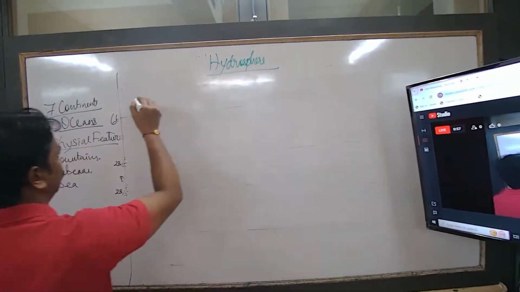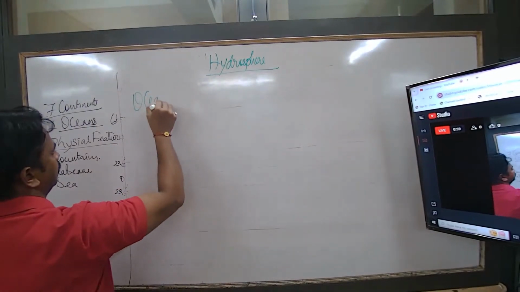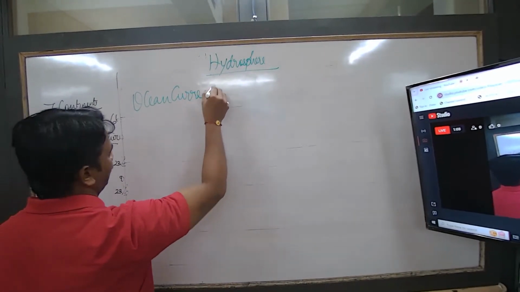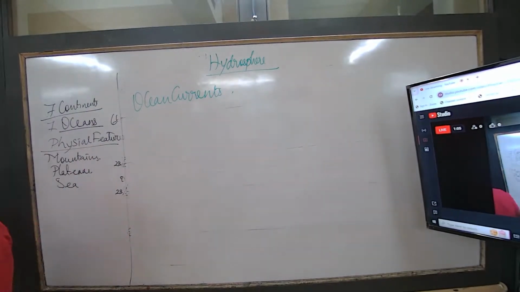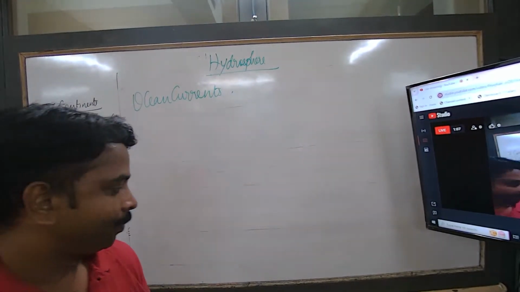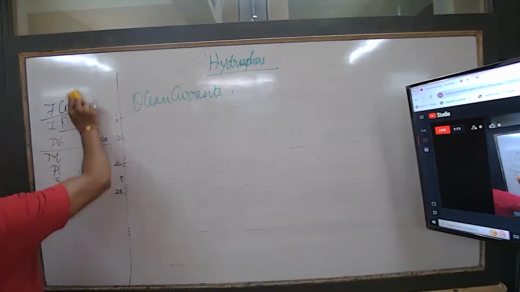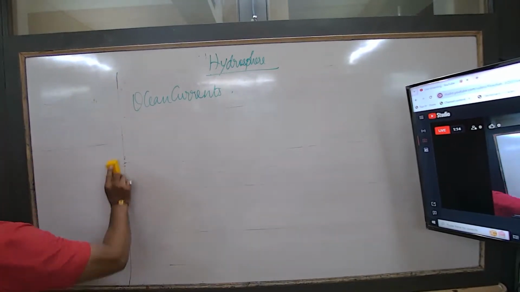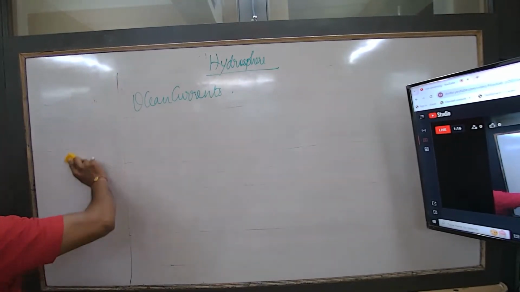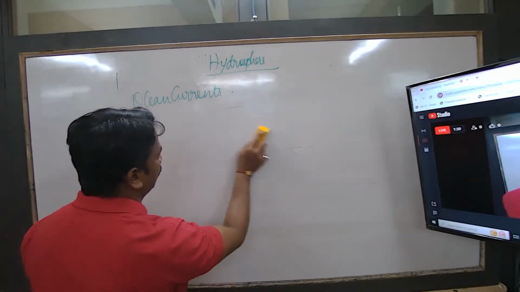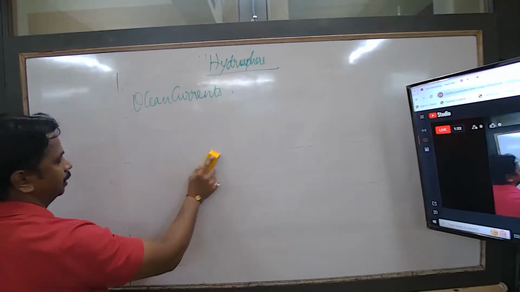Listen. Now who can tell me the difference between warm and cold? No, that I will tell. Ocean currents and tides. I said one is oscillatory, if you remember. Which is the oscillatory movement of the water? Tides. I have given notes, check them. Why are you guessing? So who has brought it?